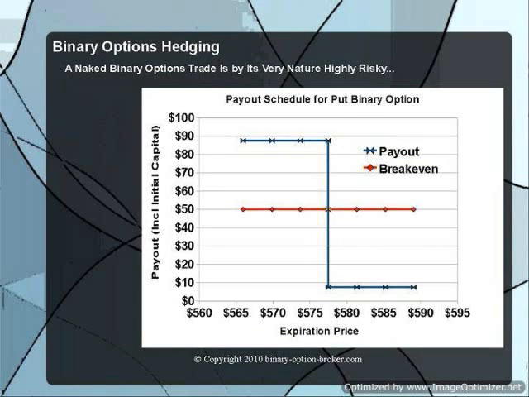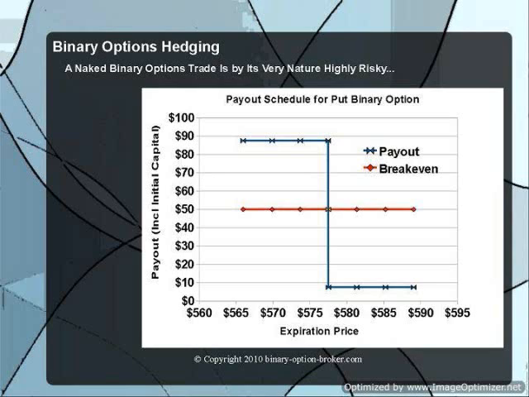Likewise, looking at a put option, the reverse is true. If the strike price is below $577.50, then you'll receive a payout. In this case, we used about $89 and $7 return if it expires above $577.50.